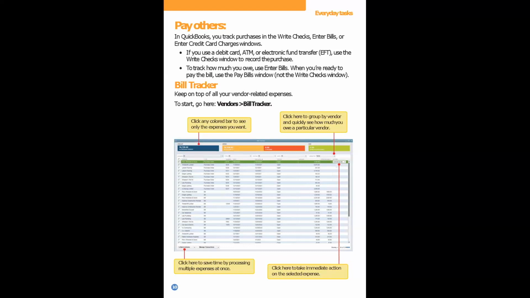Now, the good news about the AP side is once you've tagged those invoices that need to be paid, you can simply process the payment directly out of your bank account, and your vendors are paid just as fast as you are paid. This is a great feature within QuickBooks, and trust me when I tell you, your vendors greatly appreciate it, just like you greatly appreciate your customers paying in a timely manner as well.